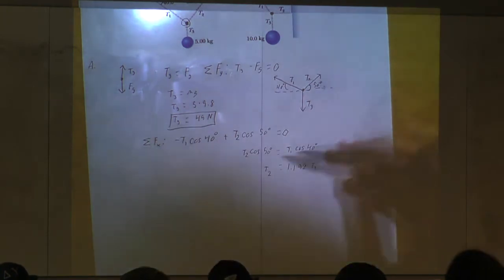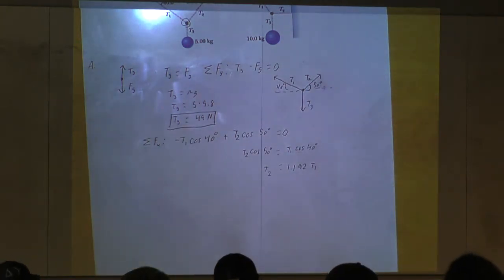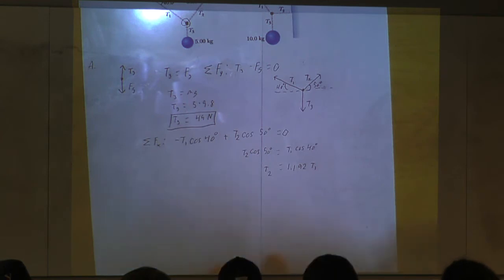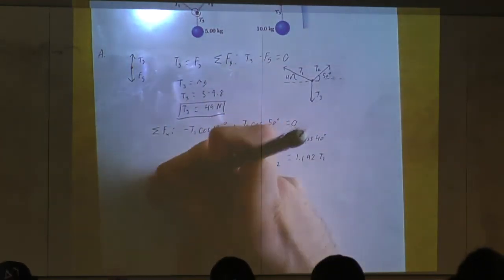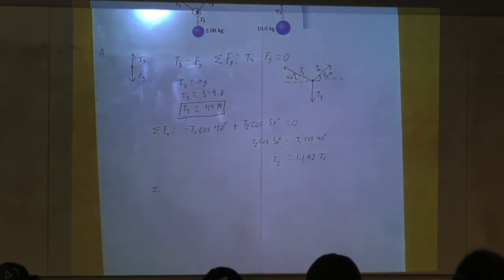All I did is solve for those and divide out the other side. So we don't need this right now, but we're going to need it shortly. So we still have two unknowns in that equation, so obviously we're going to need another one.